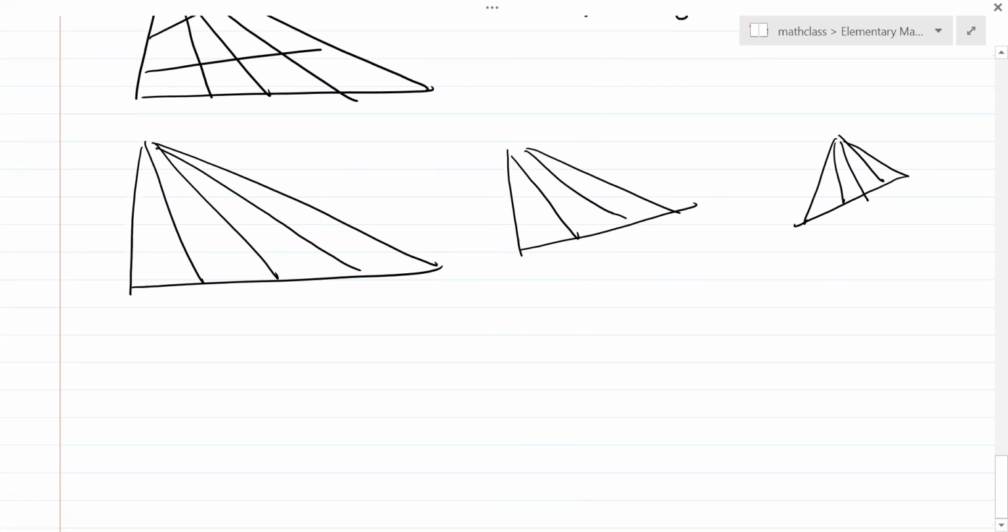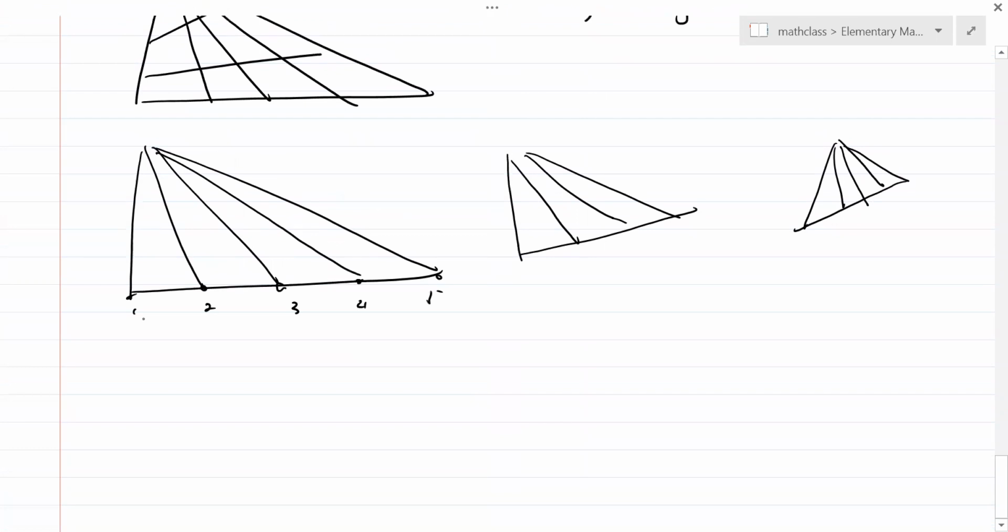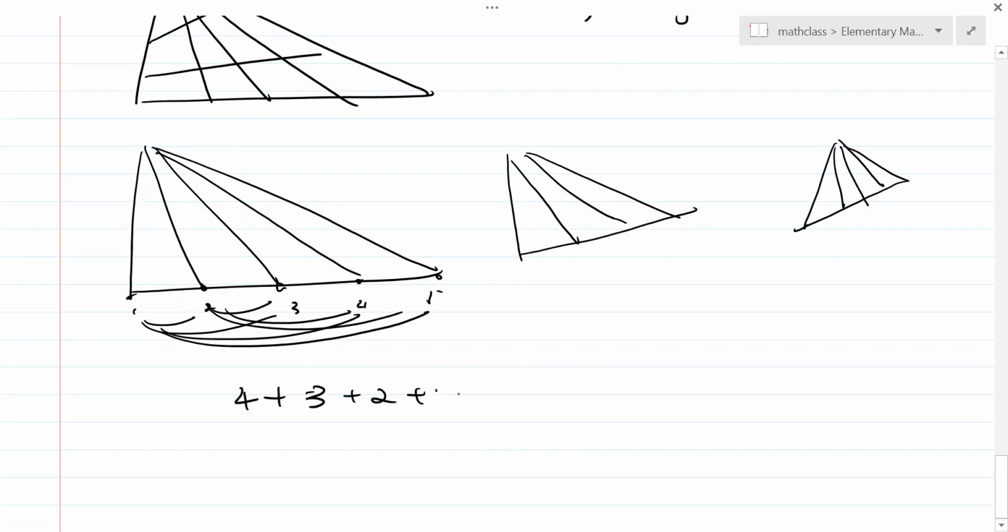Okay, let's do this. How many triangles in the first one? Actually, there are 3 identical. You just need to count all of them. So this is going to be 1, 2, 3, 4, 5, right? Then 1, 2, 3, 4, right? And then 1, 2, 3, and then just keep it going. That's all you get.